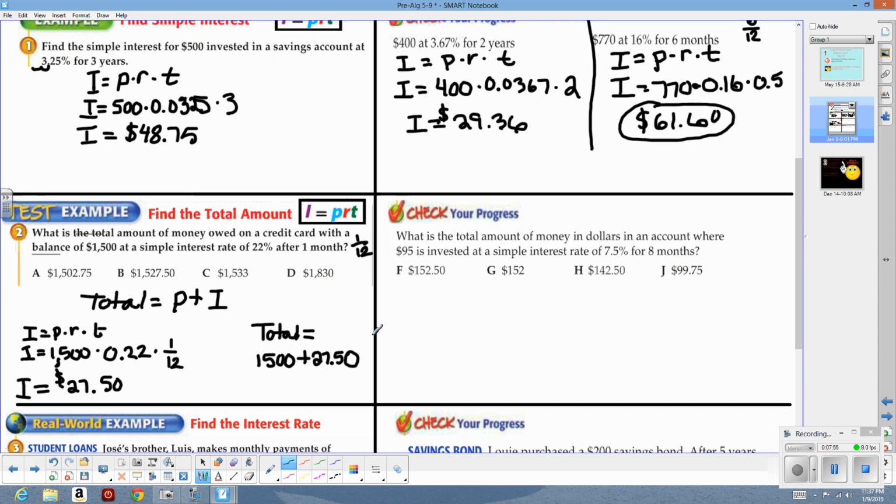So then the answer for the total is going to be $1,527.50. Choice B.